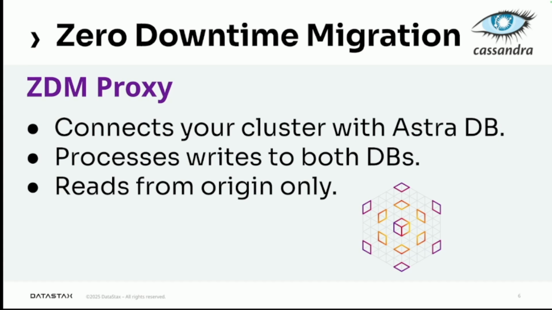You can have this in place and catch up on your writes as they're going along so you don't miss any, but at the same time also do a data export and import into Astra DB. This way you get both your new data and your old data together before stepping forward and actually pointing the application at Astra DB.